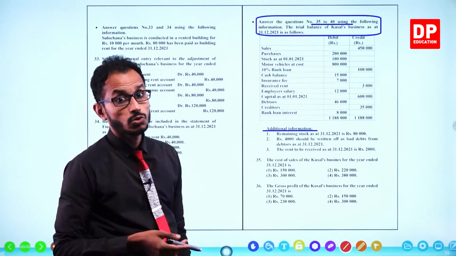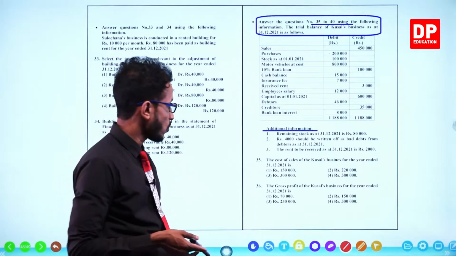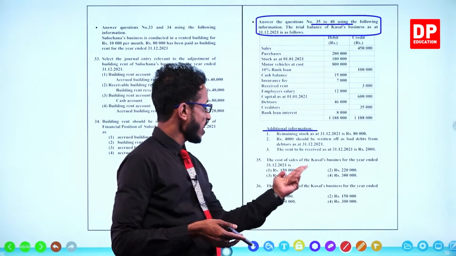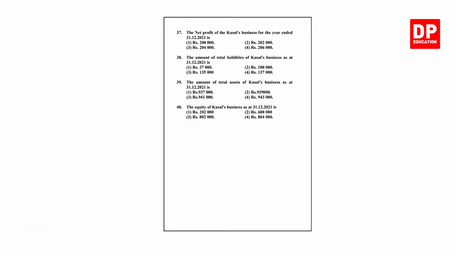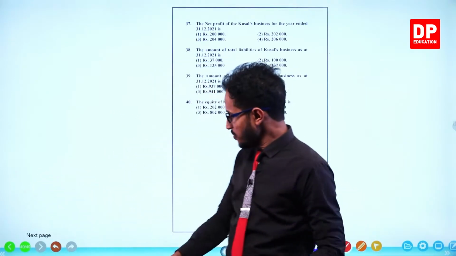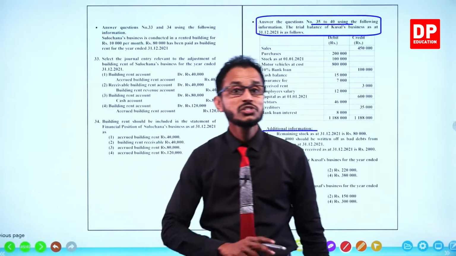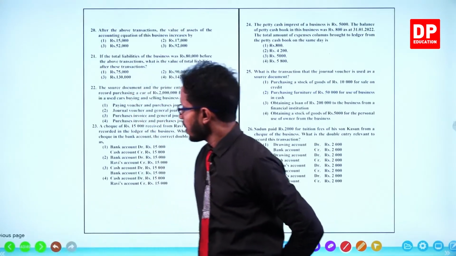We are going to discuss all that. No worries, okay? So 35 to 40 from the financial statements, including adjustments. Likewise, children, you have to answer all 40 questions in the MCQ paper.